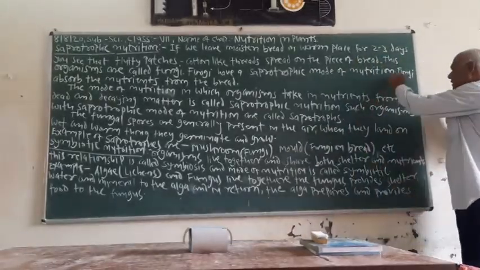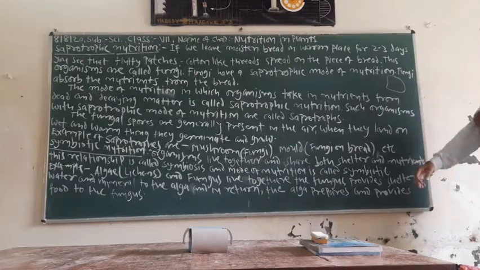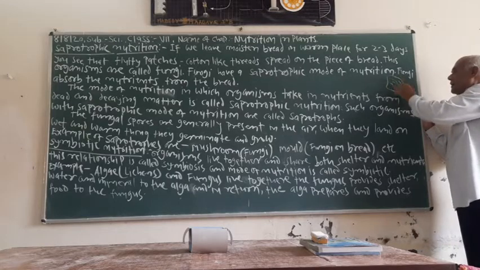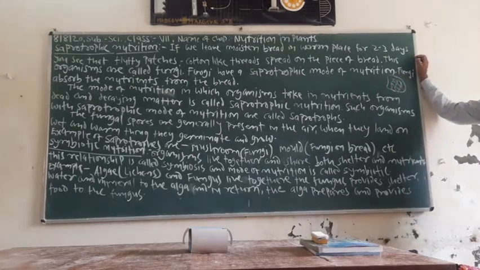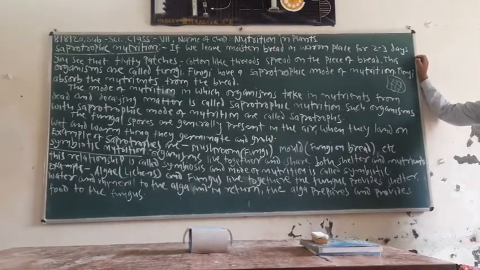Now the question is: why do the cotton-like threads or fluffy patches appear on the piece of bread after 2 to 3 days when we keep it in a warm and moist place?